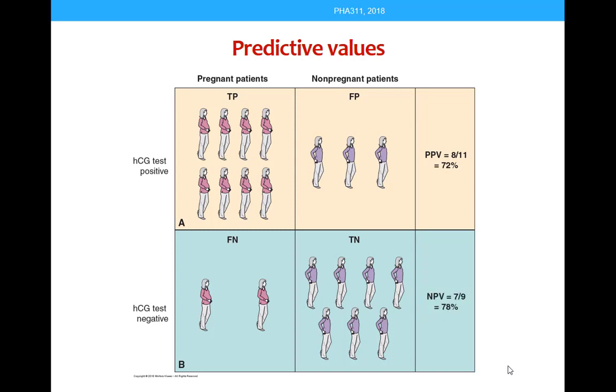The patient has a negative HCG test, but you still tell them that there is a 78% chance that you are not pregnant, but there is some chance that you may be pregnant. Our test has missed picking up the beta HCG levels in your urine sample. So these things are important when you are interpreting the report and when you are communicating with the patient or the doctor.